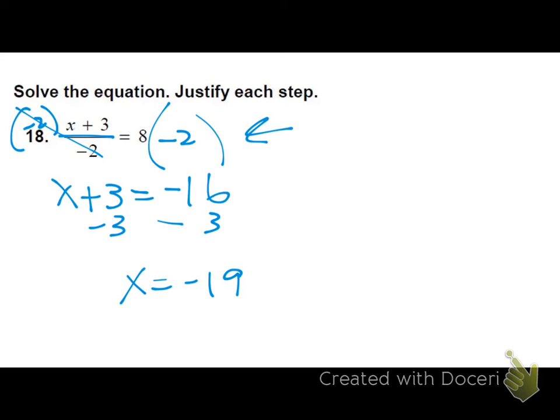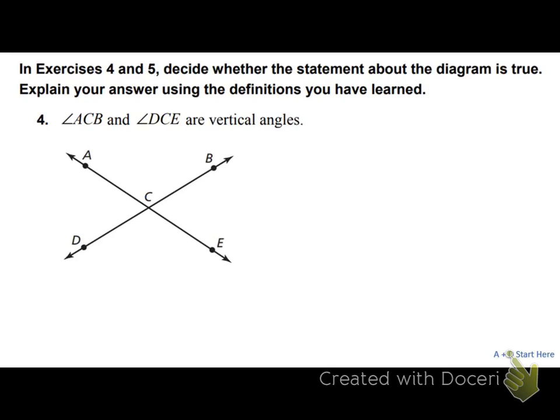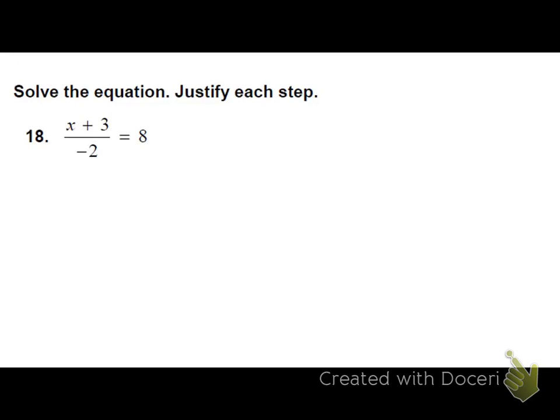So you had the multiplication property of equality, the subtraction property of equality, the substitution property of equality. 3 steps. I multiplied the same number on both sides, so that's the multiplication property of equality. I subtracted on both sides. We can stop there.